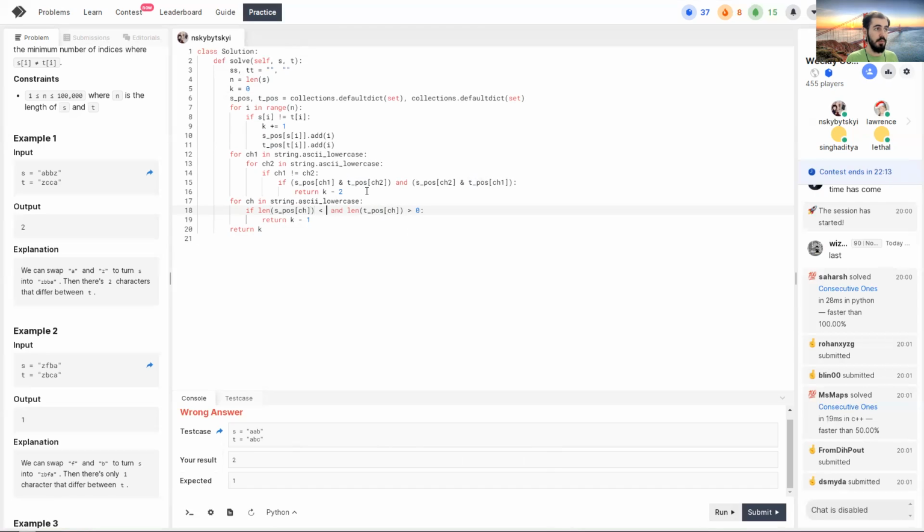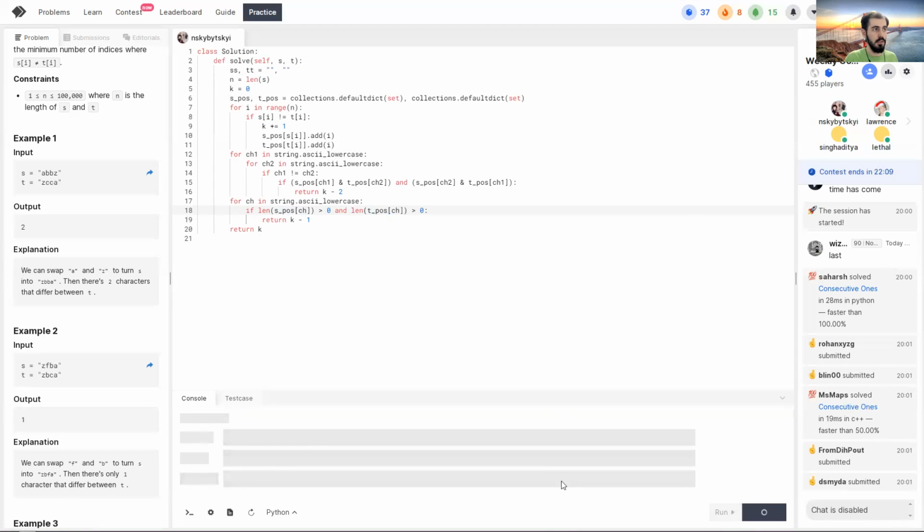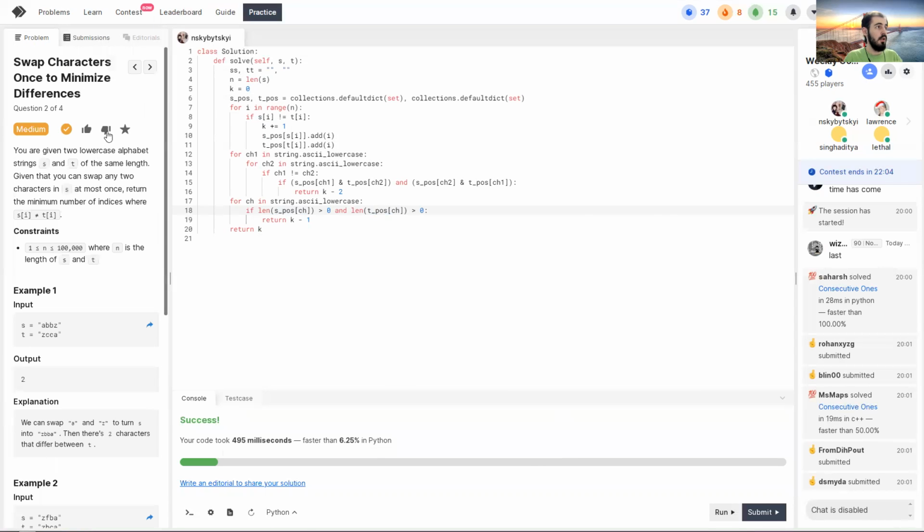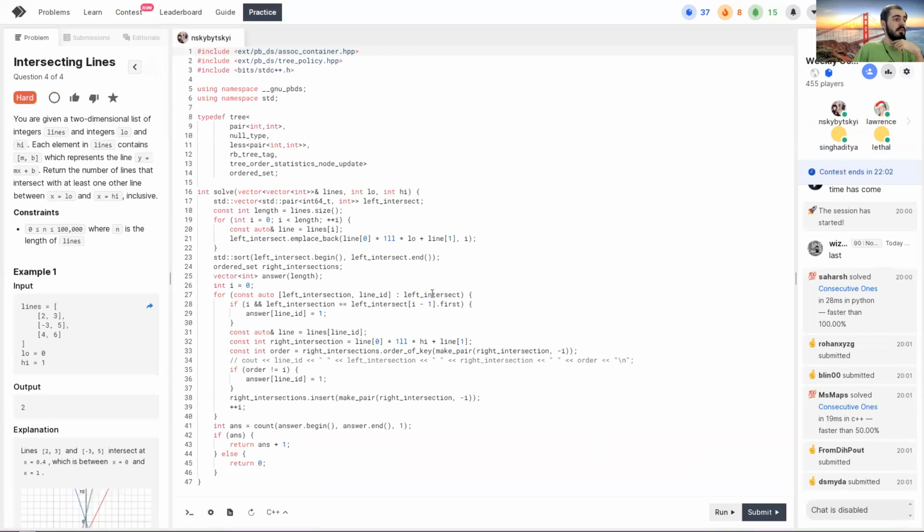I don't know how to compare with empty sets. I suppose we can take len and compare to 0. Okay, at least we solved this. Now we would like to solve this.